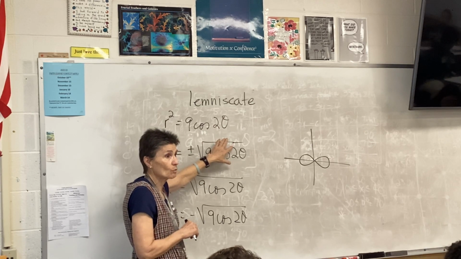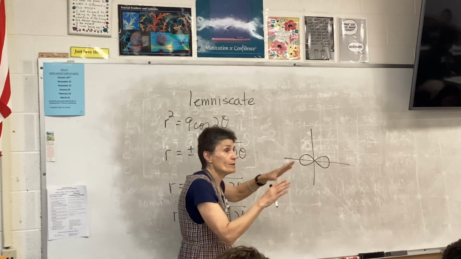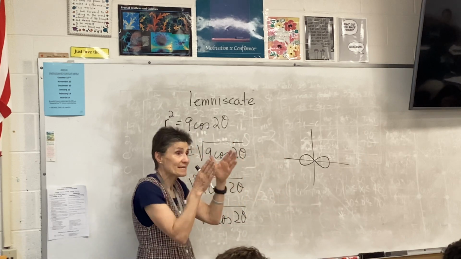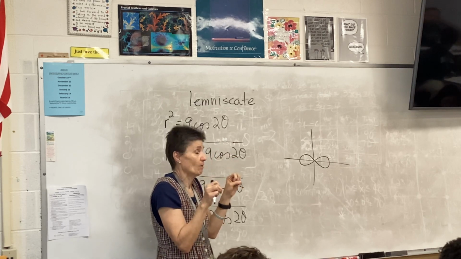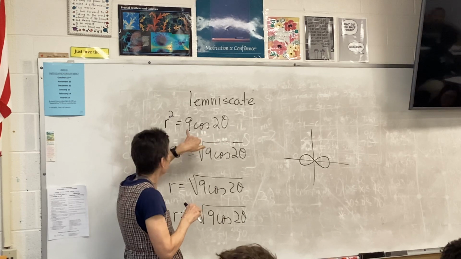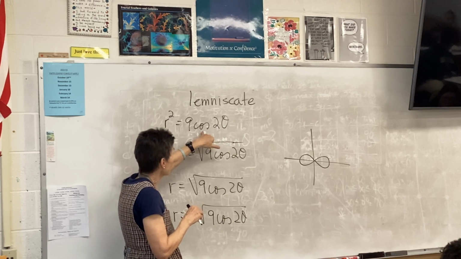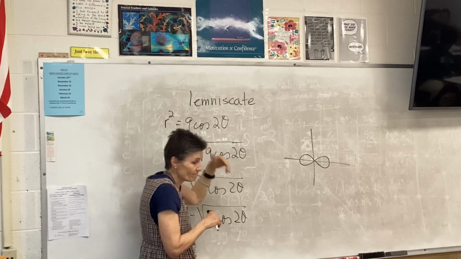Okay, that's what the equation is going to look like. Could you make up your own equation and do another format? Yes, you could. But the classical curve itself, the lemniscate, is always going to have this format: some number, sine or cosine, 2 theta, r squared.